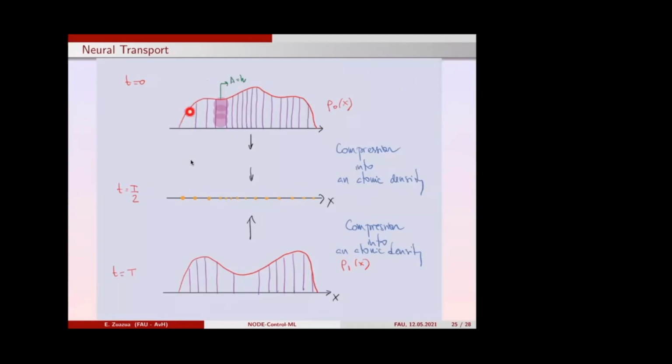If you give me, for instance, a first distribution of mass given by rho 0 of x, and a second distribution of mass, rho 1 of x. So this is, for instance, the wealth in your city, how the wealth is distributed among the different citizens or neighborhoods in the city.